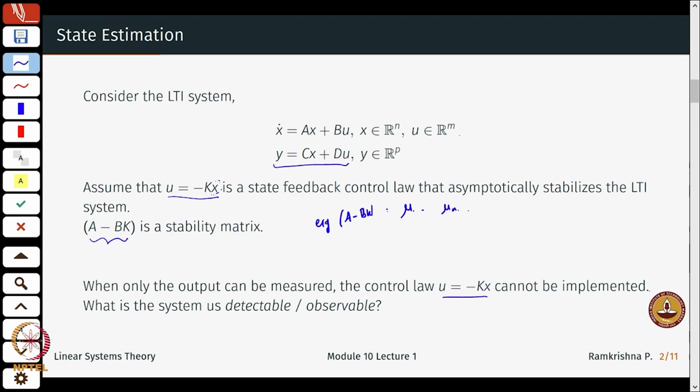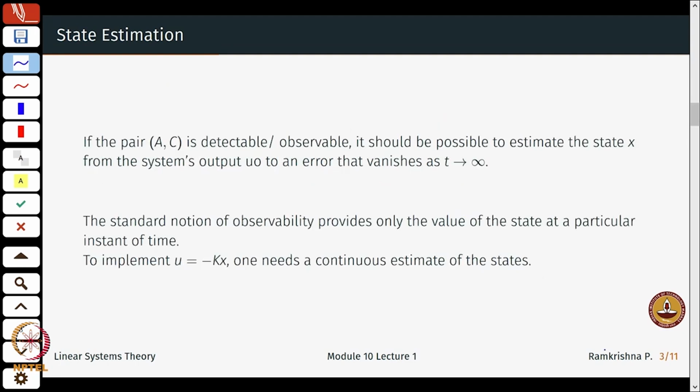However, we know something called observable systems and also detectable systems. So what we will look at in this lecture is to relate these two concepts and see, can I design some control law that would still stabilize my system or have my closed loop poles at mu1 till mu n.